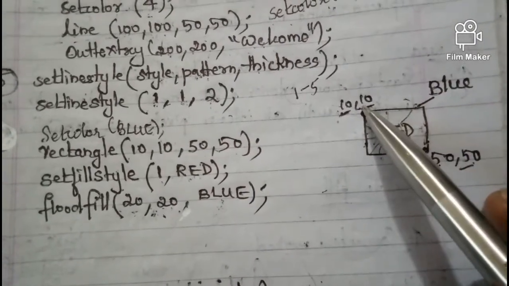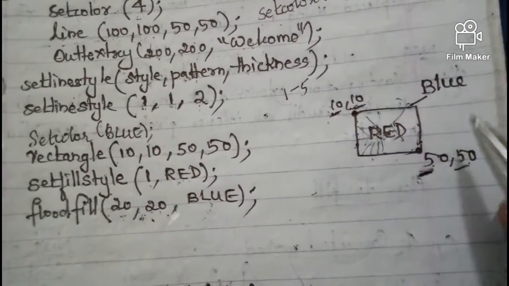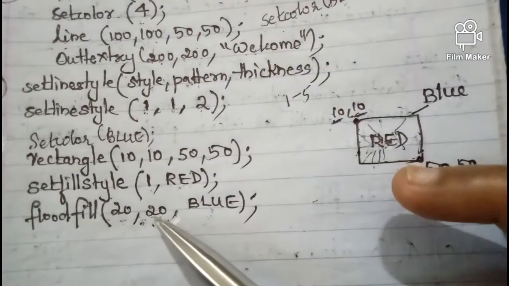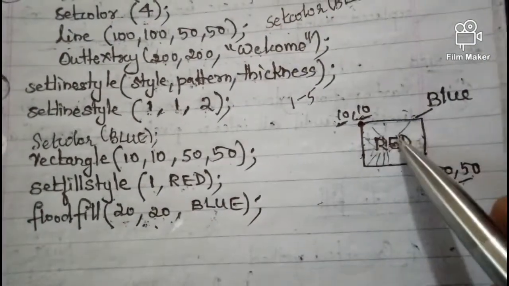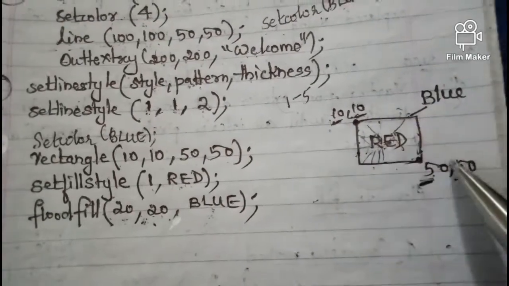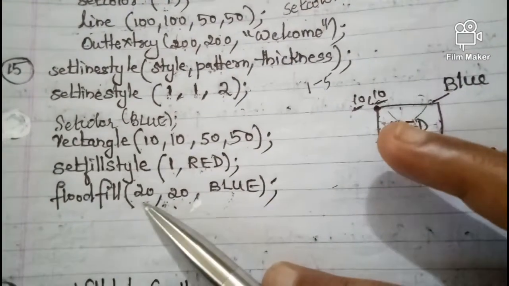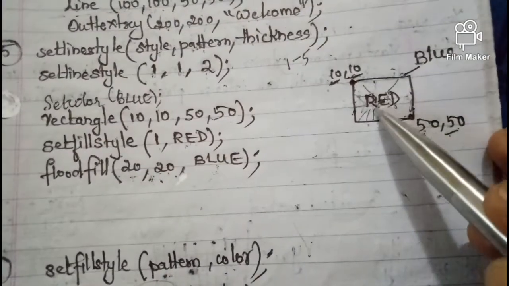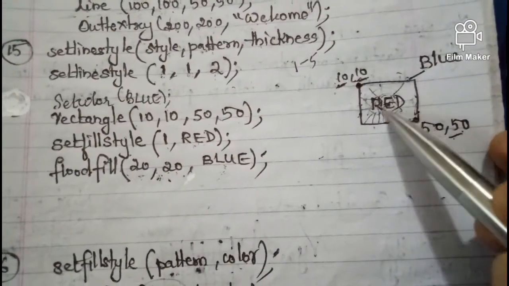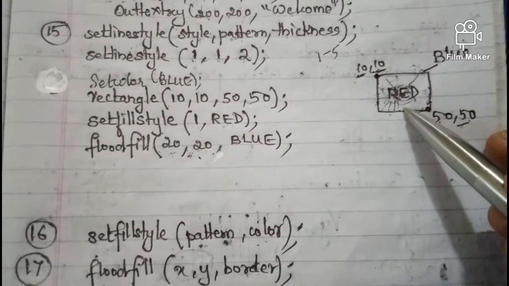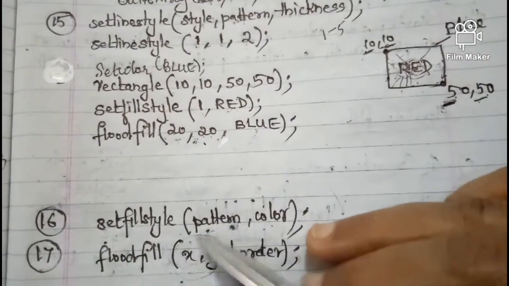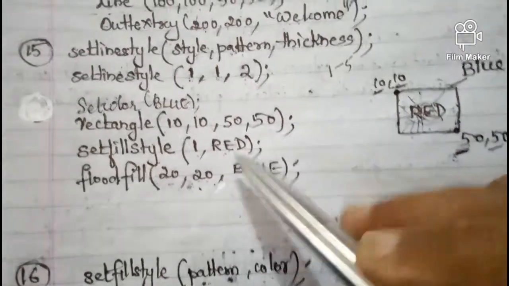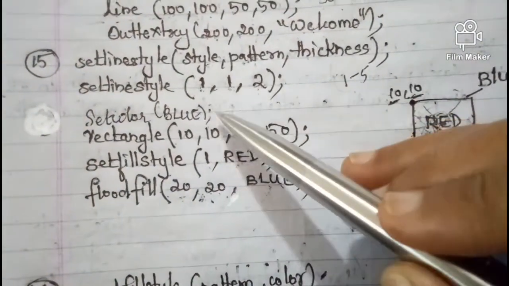Similarly, y minimum is 10 and y maximum is 50. So the value of y should be between 10 and 50. Let it be 20. So 20 20 is a point which lies inside this rectangular region. So first you have to select an interior point, then you have to specify the border color. Now let us check how it works.